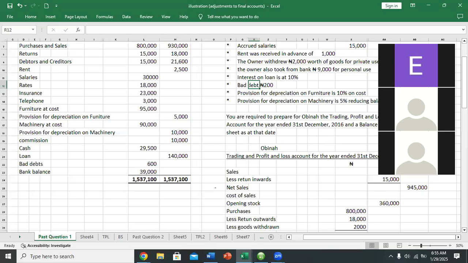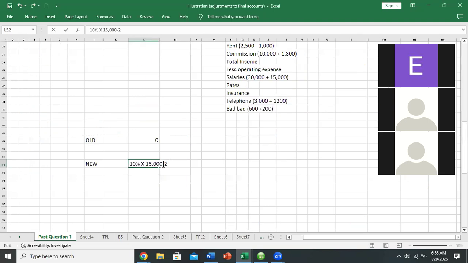So in calculating your provision, if you are given a rate, 10%, 5%, if you are multiplying, pick your debtors figure, check the additional information, emphasis on additional information. If there is any outstanding bad debt, so in this case there's 200 bad debt, we'll less it from that 15,000 before we multiply the 10%.